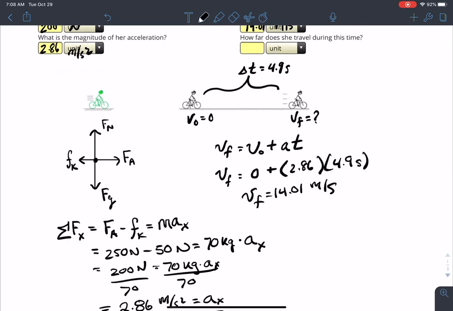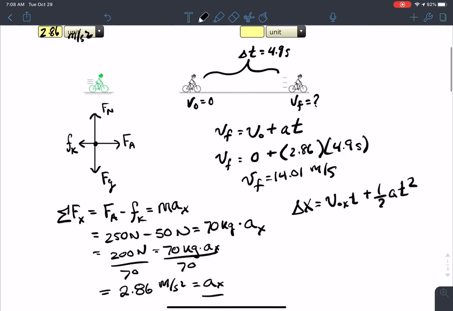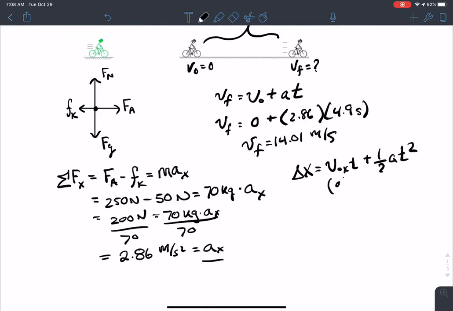Well, we have a relationship that says delta x equals v naught x times t plus 1/2 a t squared. Because v naught x is 0, this simplifies to delta x equals 1/2 a t squared. Plug in our variables.